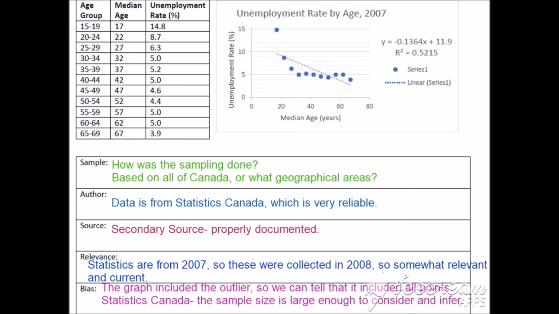Because of Statistics Canada, we know that the sample size is going to be large. If we look up here, this right here is the outlier, and they didn't mind. They said, okay, we're using it anyways, and they grabbed everything. So it's not biased in the sense where they picked and chose what data points they were going to use.